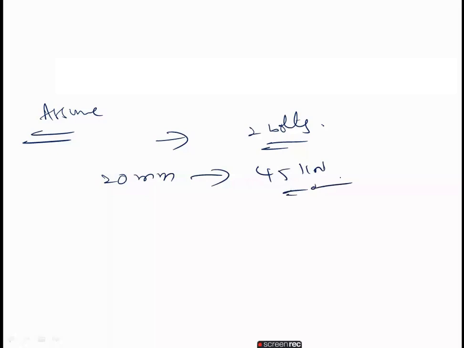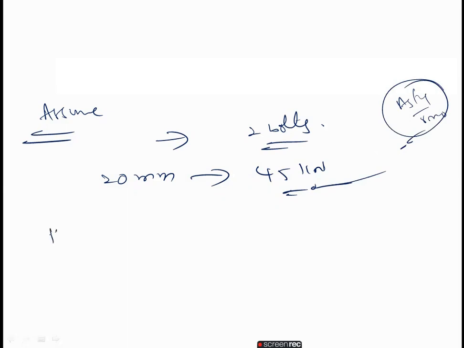My dear students, we solved a number of times how to calculate the bolt in shear. There is a formula, you people know this formula. If you calculate this one, you will get 45 kilonewton. Anyway, leave it about this one.